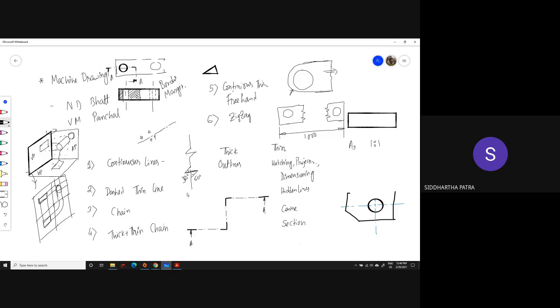So this is how the zigzag is supposed to look, and this way you represent a broken segment. You can use that for something called a break line, okay. I guess these few variations should be sufficient for you to draw any type of drawing.